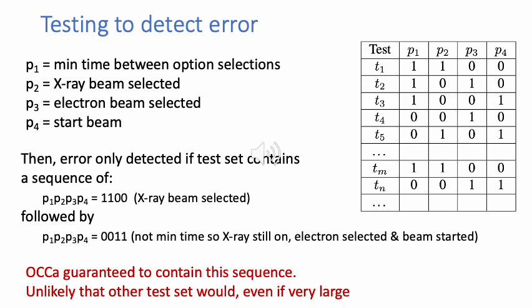And what happens then is that the error would occur if the sequence shown there, P1 through P4, is equal to 1, 1, 0, 0. That selects the X-ray beam, and if that is immediately then followed by P1 through P4 equals 0, 0, 1, 1, where there was not sufficient time for the X-ray, but the electron beam was selected and the beam was started.